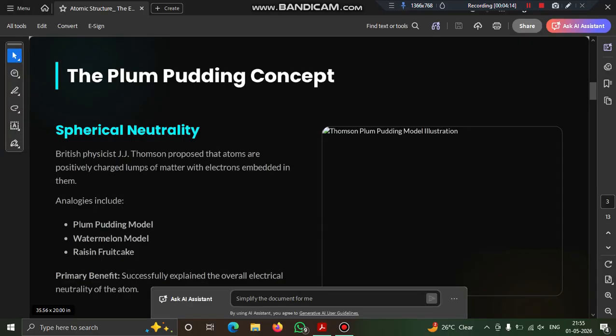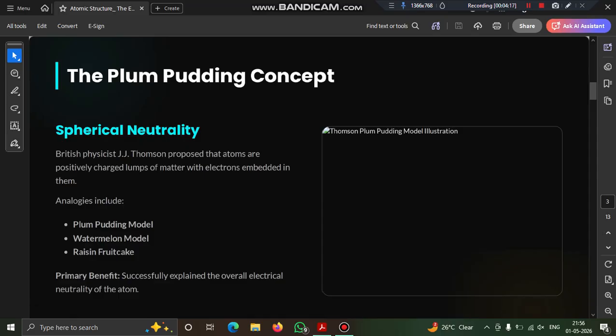Now, primary benefits. It successfully explained the overall electrical neutrality of an atom. The plum pudding model, or Thomson atomic model, proved that an atom is electrically neutral.